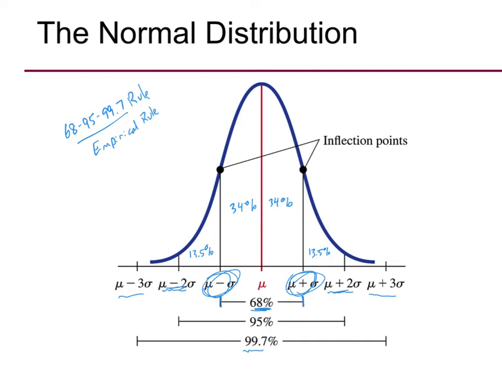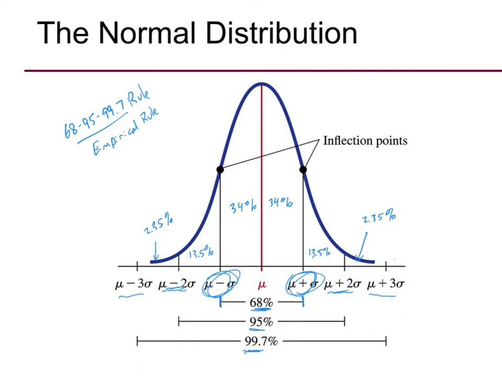Then if you take the 99.7 minus the 95 and divide by 2, in that little interval, not much data there, but 2.35% of the data is in that interval. Similarly over here, 2.35% of the data is there. And then the last, if you subtract 99.7 from 100, you get 0.3.